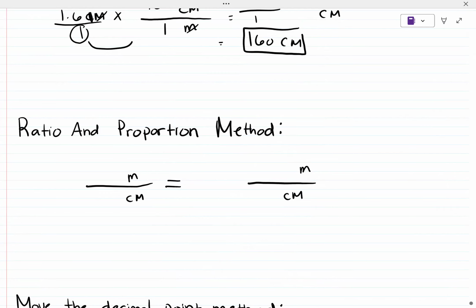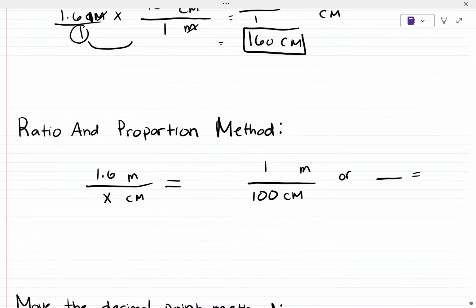We were given 1.6 meters, so you put 1.6 meters on the top. Then we want to know how many centimeters. We don't know, so we'll call it X. According to our chart, for 1 meter, there's 100 centimeters. You could have also set it up the other way, with centimeters on top and meters on the bottom.